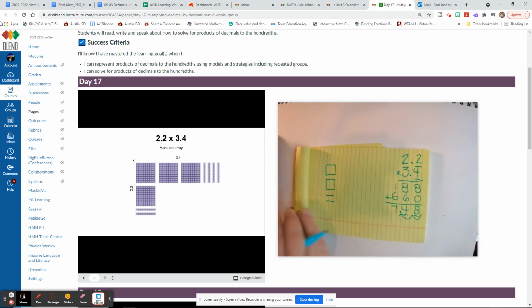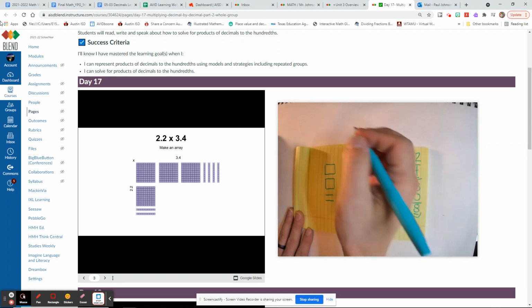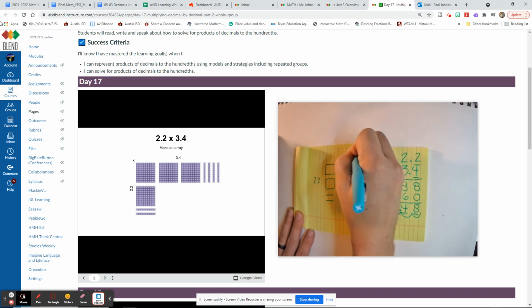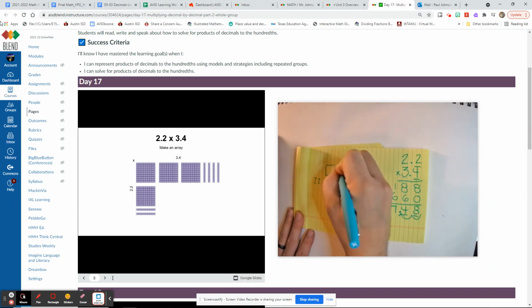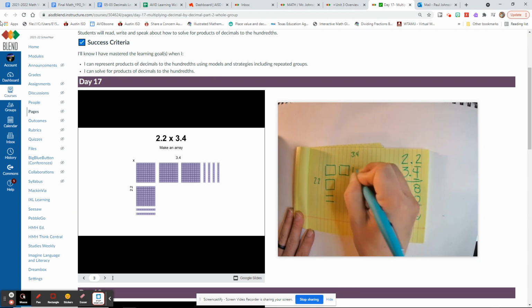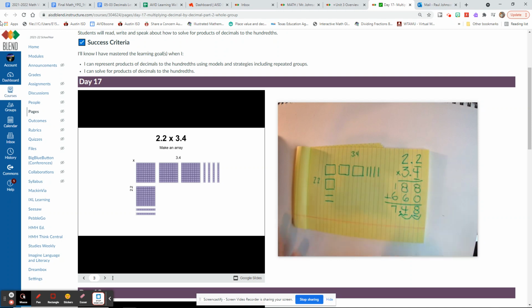All right. And then using the same 1 whole for the 1, let me label this: there's 2 and 2/10. Then up here I want to make 3 and 4/10. So there's my original 1, 2, 3, and 1, 2, 3, 4/10.